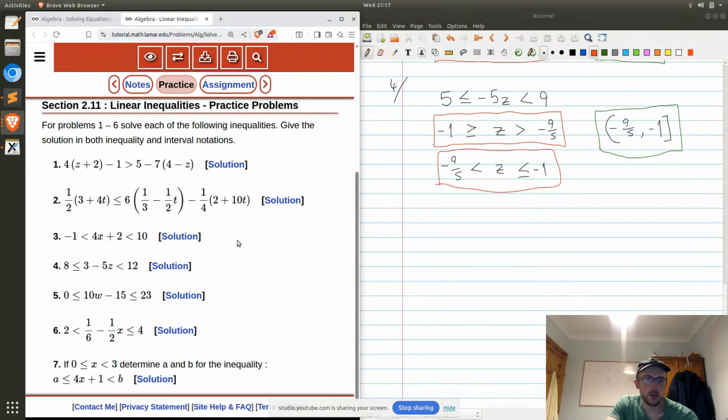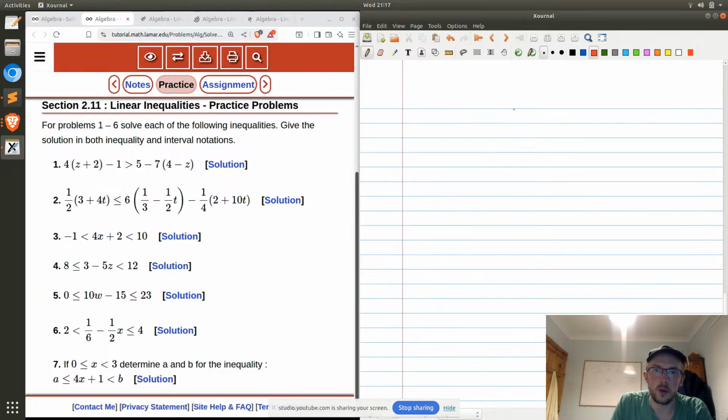And now comes the next three inequalities to solve. For number 5, I will add 15 to the left and the middle and the right. So I get 15 on the left, 10W in the middle, and 38 on the right.